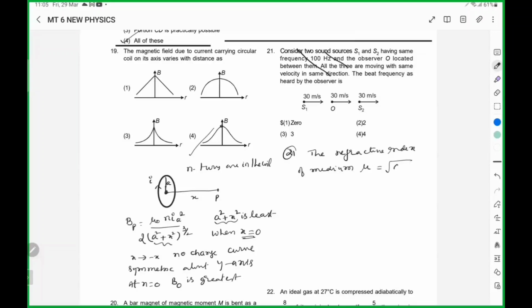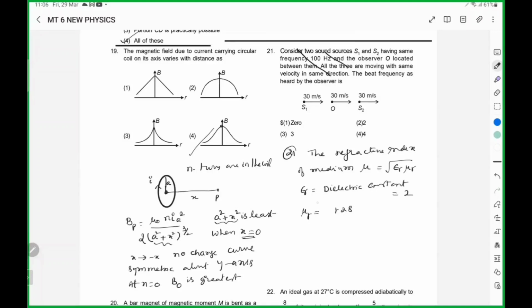We have a formula where epsilon r is the dielectric constant, given as 2, and relative permeability given as 1.28.